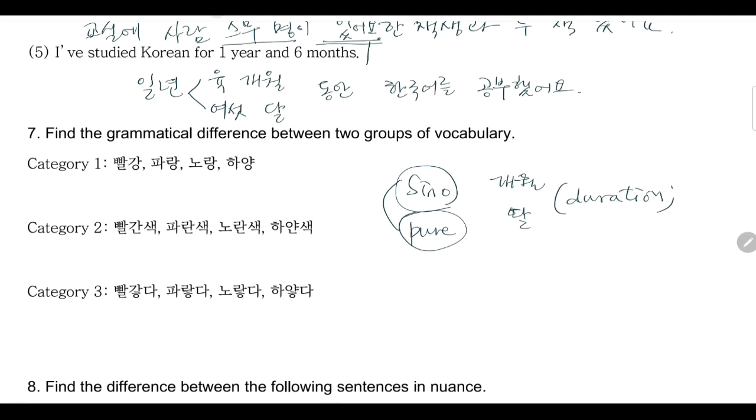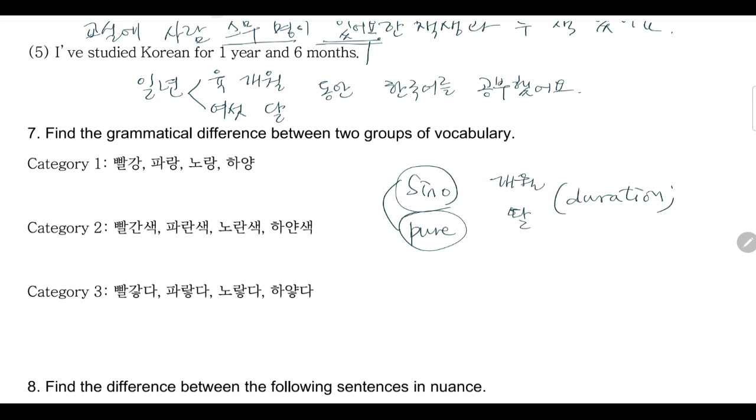Okay, shall we move on to 7? Number 7, category. There are three categories of identical color words. The 빨강 뭡니까? 빨강. Red. 파랑 뭐예요? Blue. 노랑. Yellow. 하양. White. What is black?